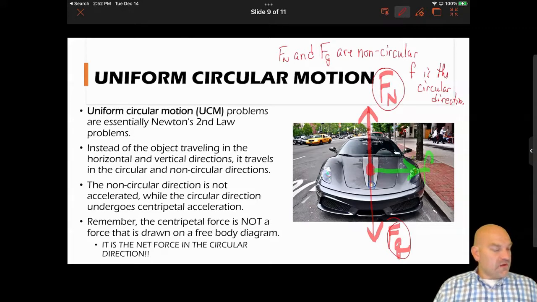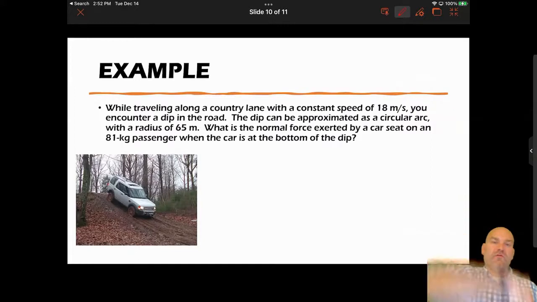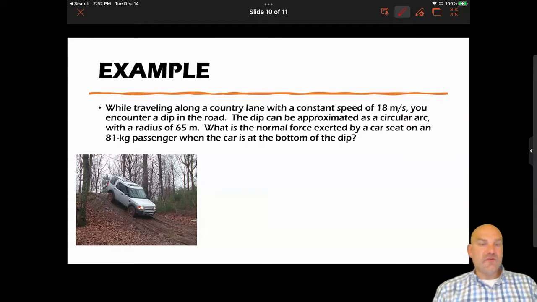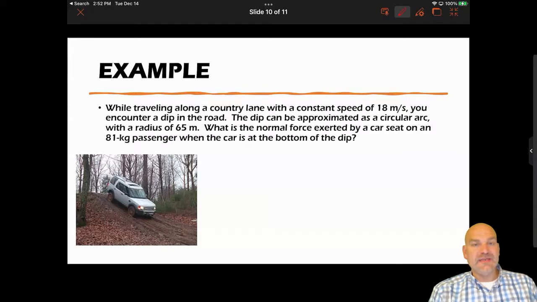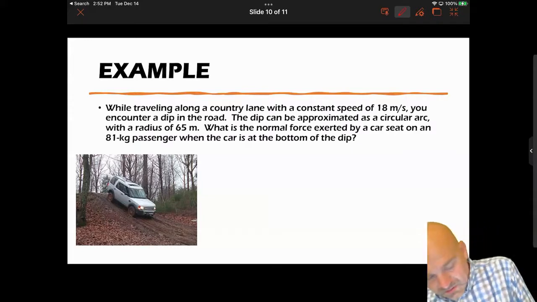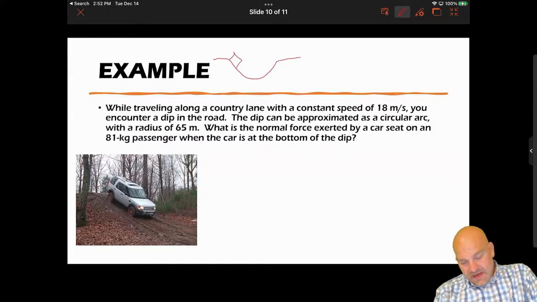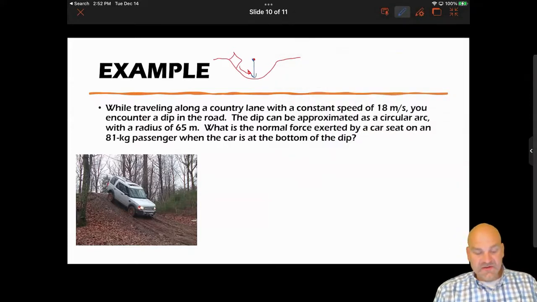Okay, so let's look at a couple of examples. One of them will be involving cars taking turns, but the first thing we're going to look at is what happens if I go over a hill, or a dip in this case. While traveling along a country lane with a constant speed of 18 meters per second, you encounter a dip in the road, right? So here's my car. I'm going to encounter a dip that has a radius of 65 meters.